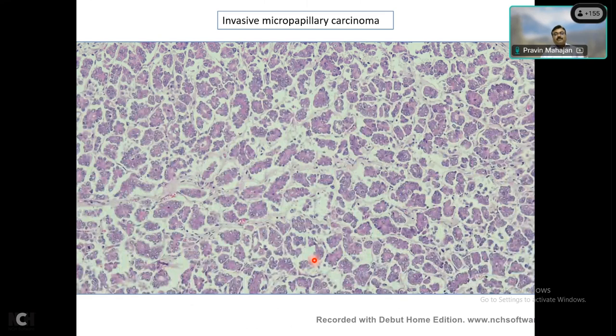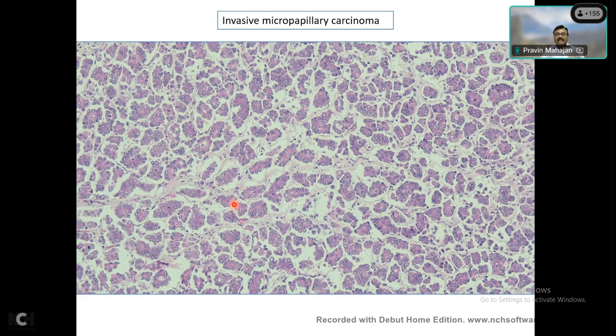Since we are talking about invasive papillary carcinoma, I thought one should talk about invasive micropapillary carcinoma also. Invasive micropapillary carcinoma has a very peculiar morphology. You see very thin, slender papillary cores which are present within artifactually empty spaces.